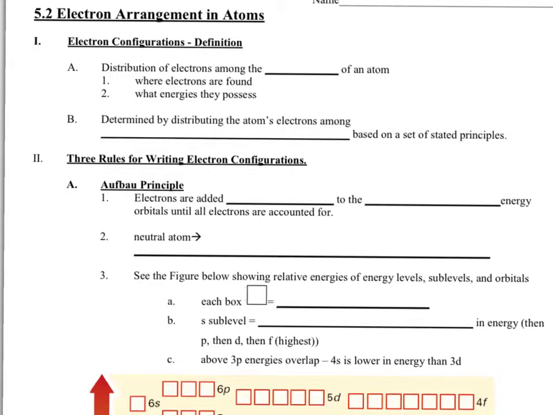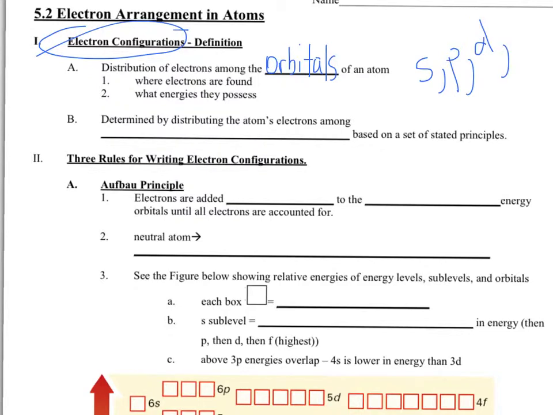So the term electron configurations, first we have to have a definition of it. All it really is, is how the electrons are distributed among the orbitals of an atom. Okay, remember orbitals were S, P, D, and F. We talked about that in class.